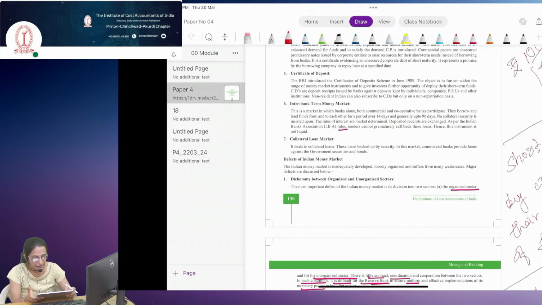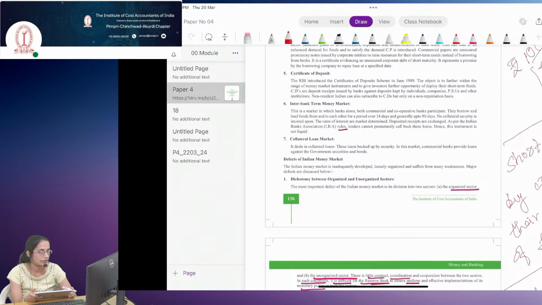This is a market in which banks, both commercial and cooperative, participate. They borrow and lend funds from each other for a period over 14 days and generally up to 90 days, like for a short duration of time. No collateral security is insisted upon.